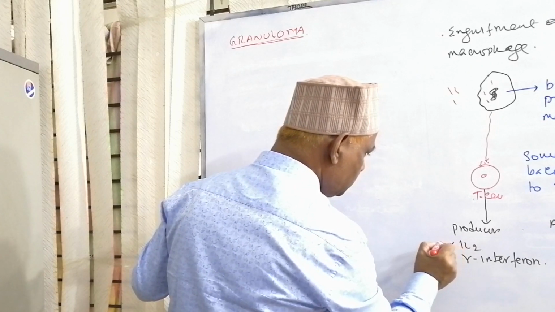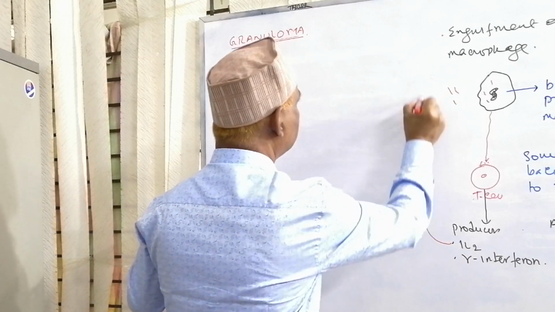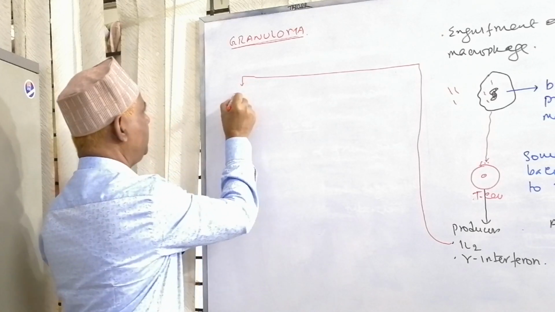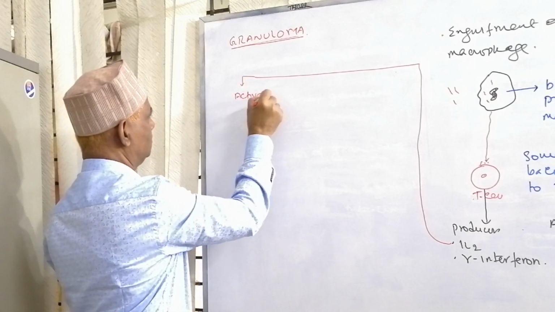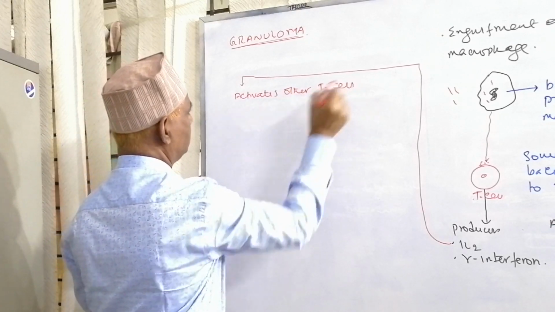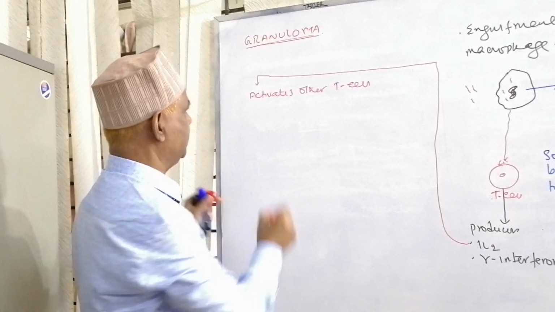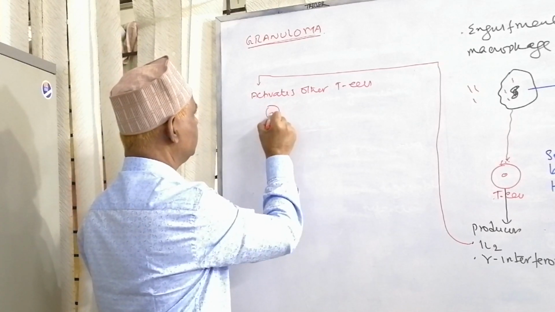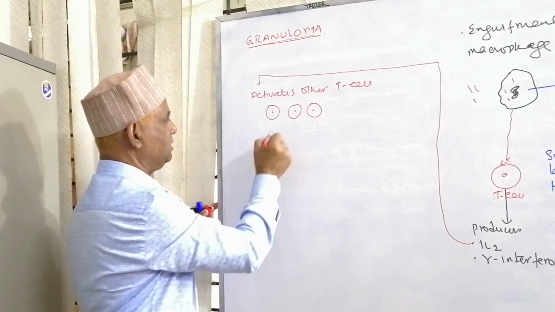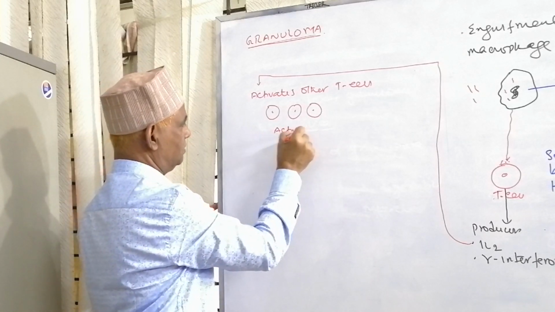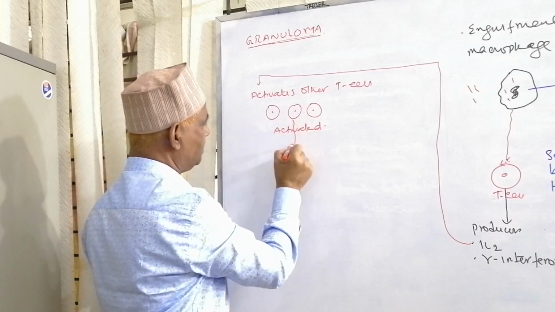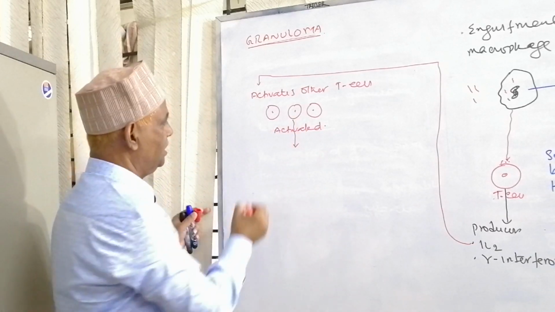This interleukin 2 activates other T cells. Suppose these are the other T cells. The T cells are activated. When these are activated, they undergo proliferation.